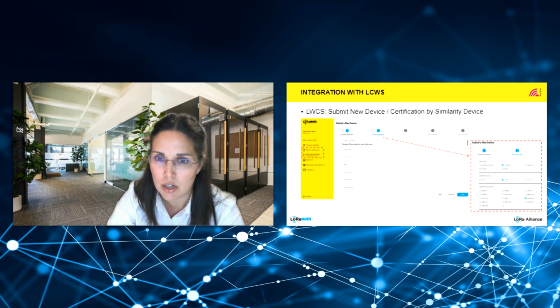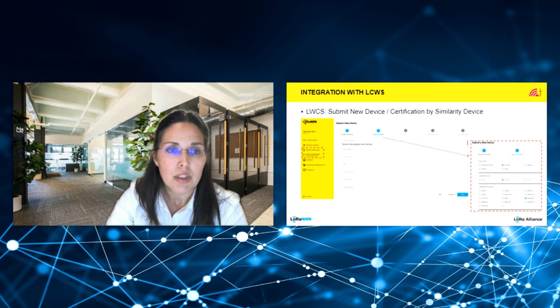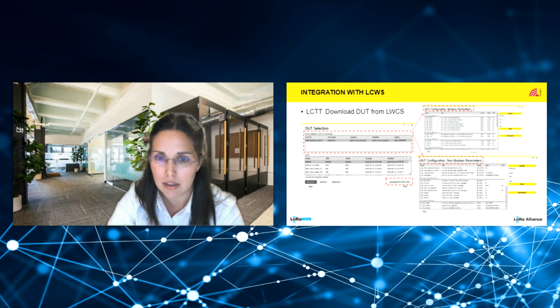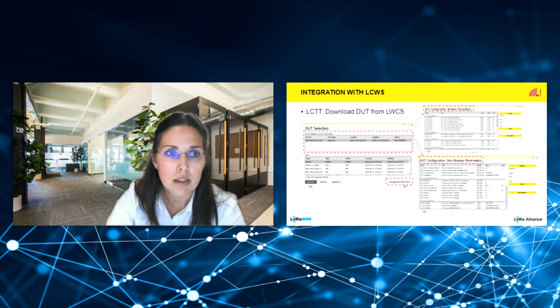So this includes the LoRaWAN version or the region for the channel plan. This information could be automatically downloaded in the LCTT in order to ensure that the Boolean and non-Boolean parameters are correctly configured for the testing. This is also really useful in order to complete the keys, the device EUI, and all the information of the device.